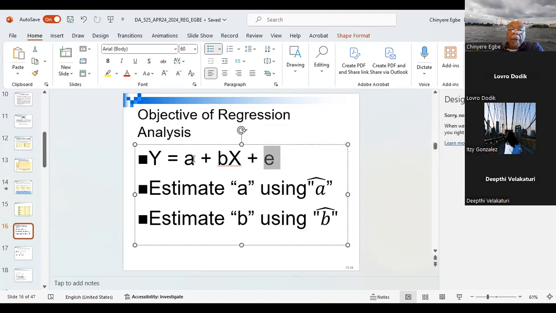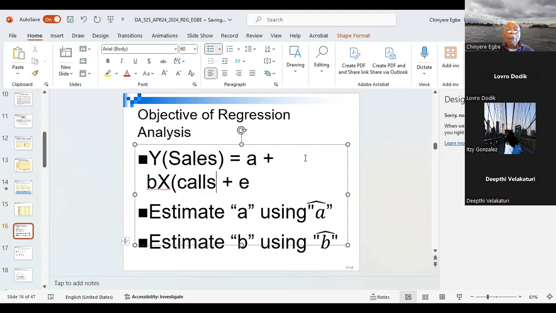For example, in our model, the number of sales, not calls, is a function of a plus b times calls. What are we trying to say?